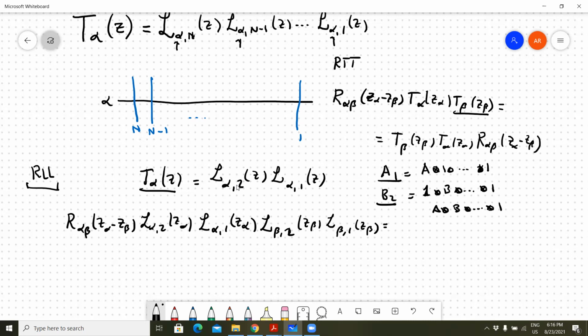But when you multiply in the other order, it's again 1 times A and B times 1. So every time you have something that is in different sides, it commutes. This means that it acts on alpha here and beta here, 1 and 2, so we can just switch completely these 2.